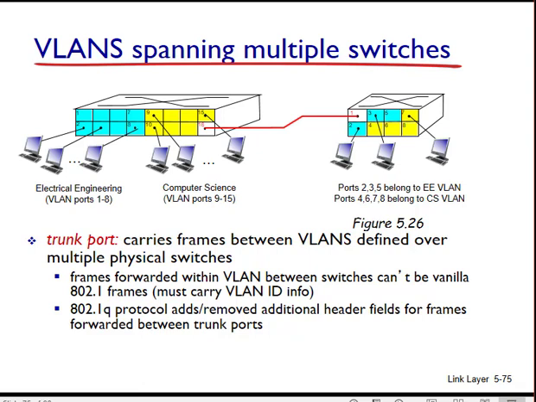The IEEE has defined an extended Ethernet frame format, 802.1Q, for frames crossing a VLAN trunk. The 802.1Q frame consists of the standard Ethernet frame with a 4-byte VLAN tag added into the header that carries the identity of the VLAN to which the frame belongs.